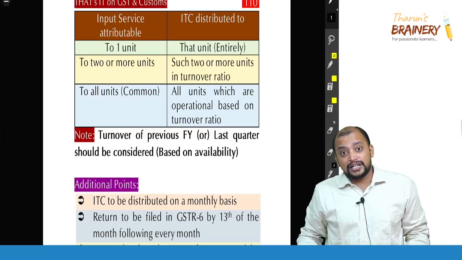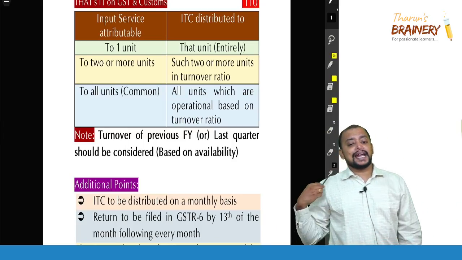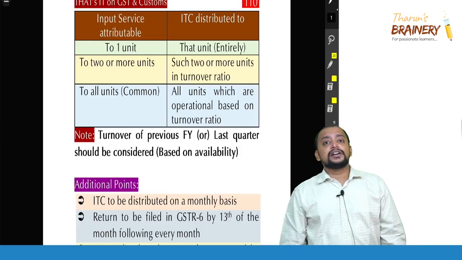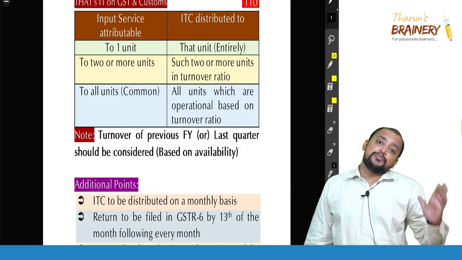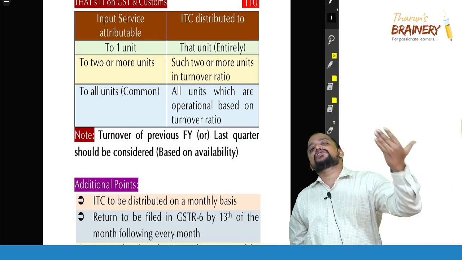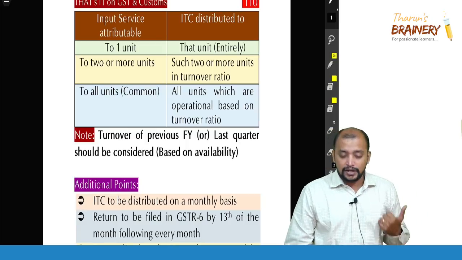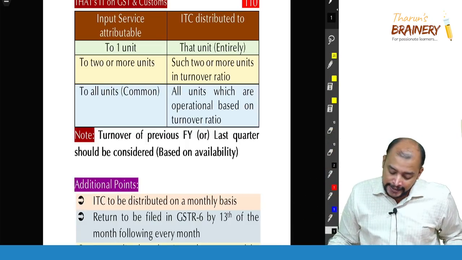So, based on the turnover ratio, okay. Now, what should be taken as the turnover? Either you take the turnover of the previous financial year, or if the turnover of the previous financial year is not available, take the last quarter turnover, okay, based on the availability.